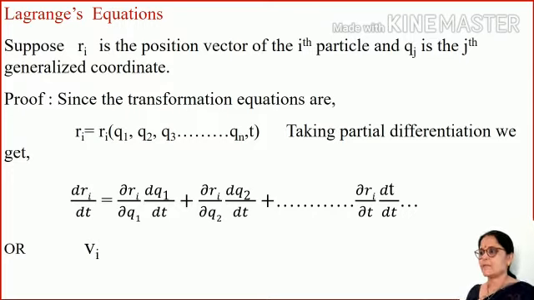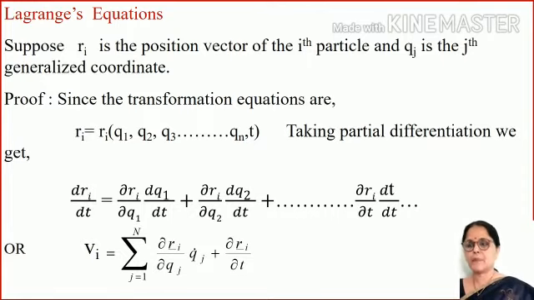Or Vi can be written from dRi/dt, and we can take the summation over all the generalized coordinates. Hence, summation of j equal to 1 to n, dRi/dQj into Qj dot, plus dRi/dt. Here Qj dot is the generalized velocity of the jth component.